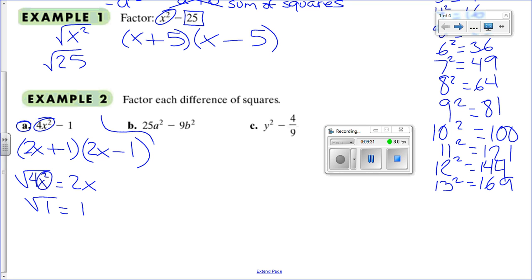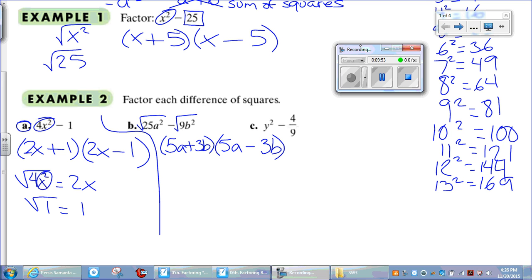And so that is the answer to that. For part B, we take the square root of 25a squared, so that will be 5a. And then we take the square root of 9b squared, so that will be 3b. We make one positive, one negative, and that's it. That is our factorization.